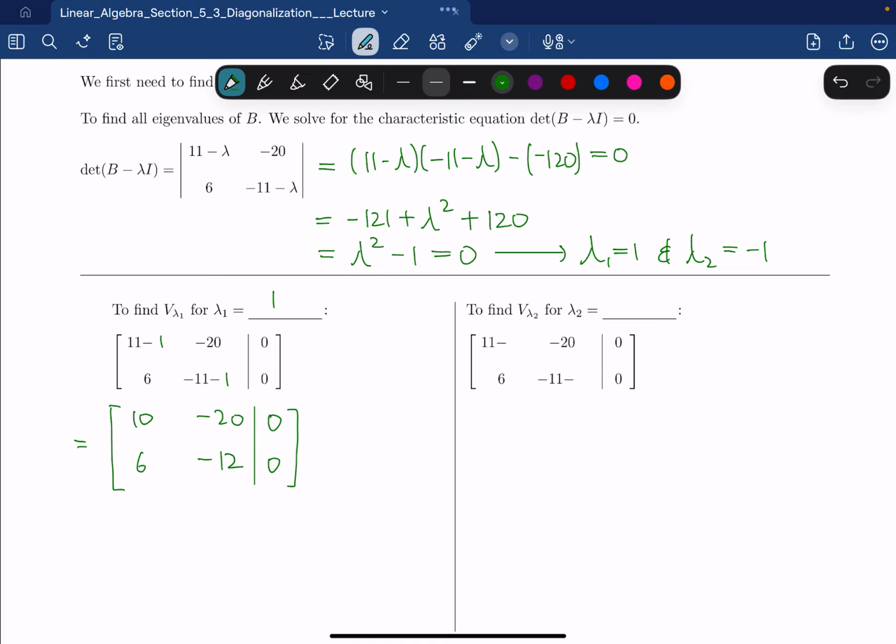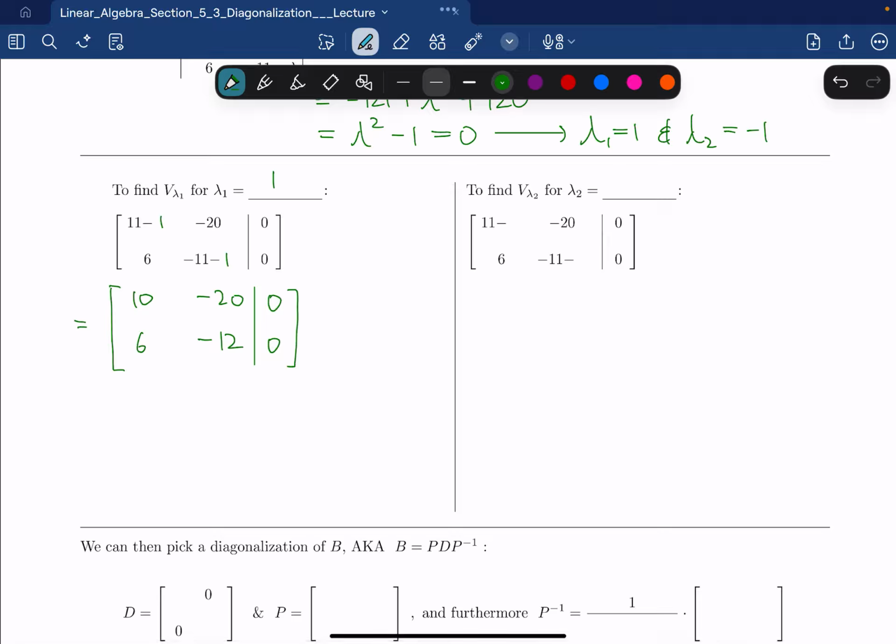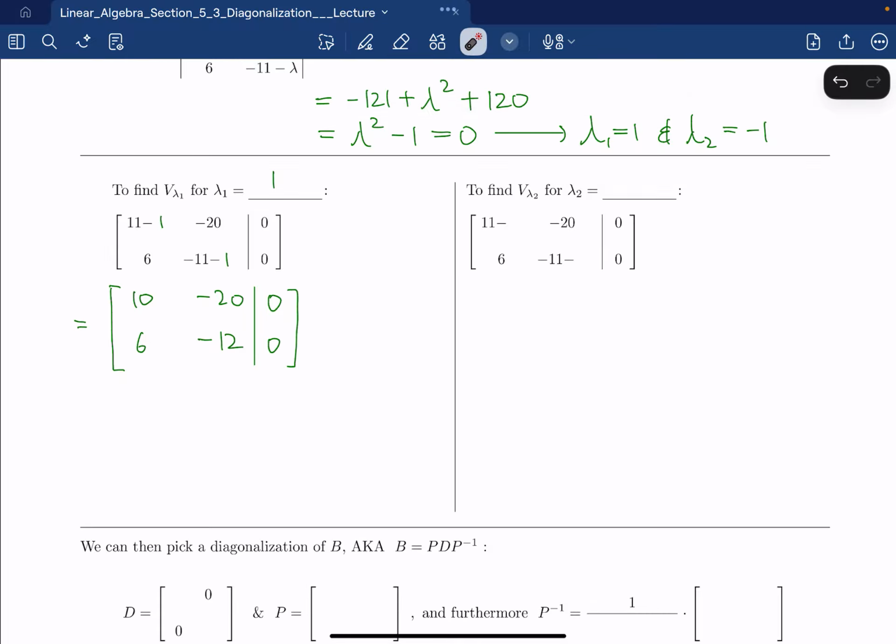And here's a nice little trick if you want to leverage it sometimes. For a 2 by 2 matrix, in this case augmented with 0, 0, we already know that I'm dealing with an eigenvalue. So I already know that I have to be able to cancel one of the rows out. In other words, both of these rows are multiples of each other.